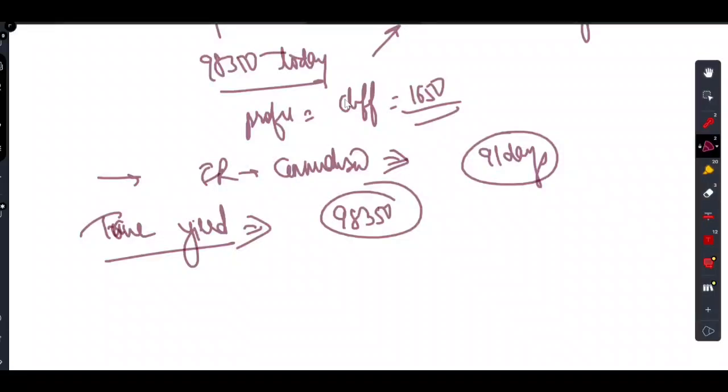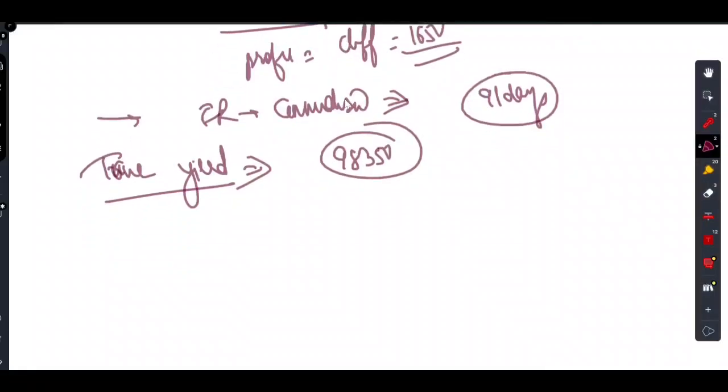Because you want to compare and analyze it against the bank rate.